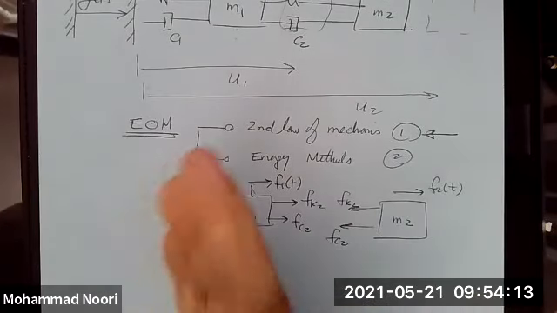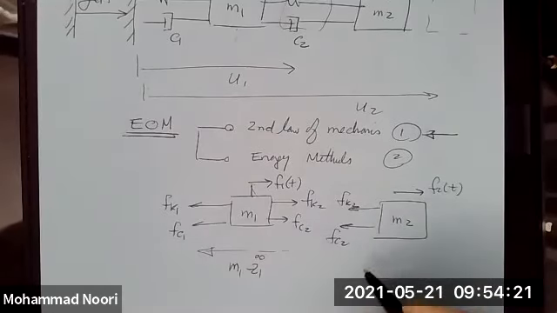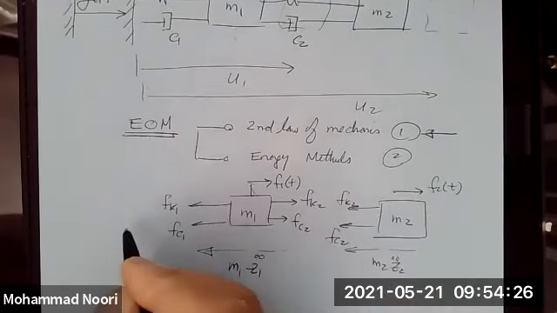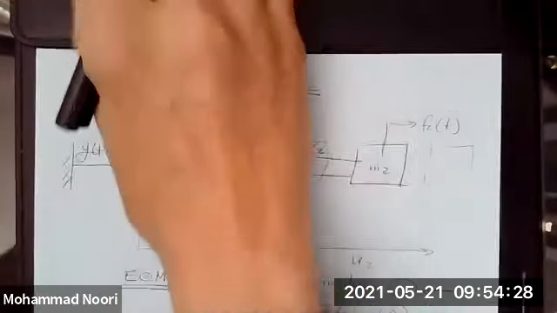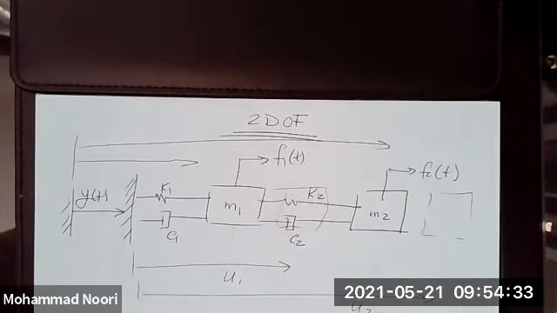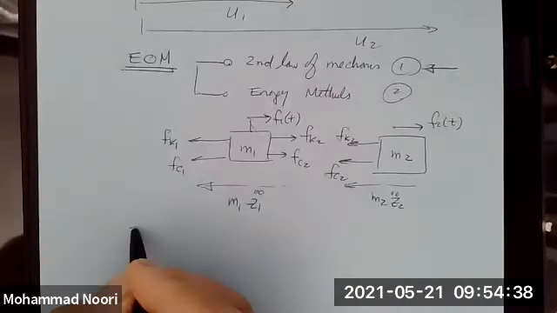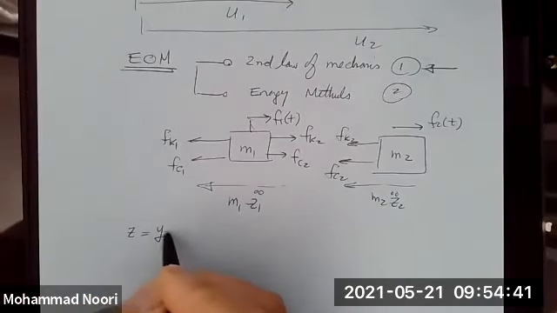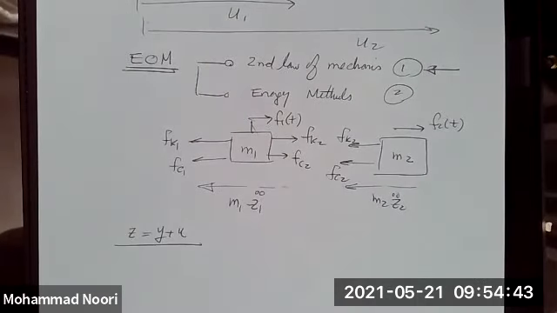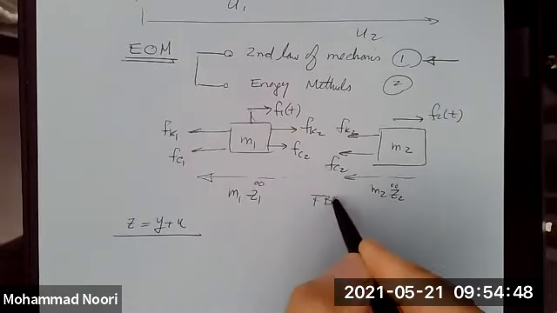If these are moving in that direction, you have M1 Z1 double dot and M2 Z2 double dot, where Z is the absolute displacement of these masses, Z1 and Z2. That is, Z is Y plus U.